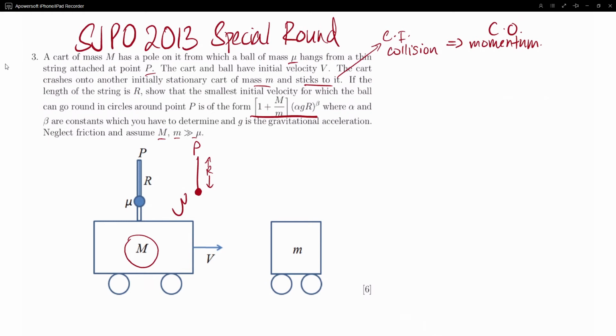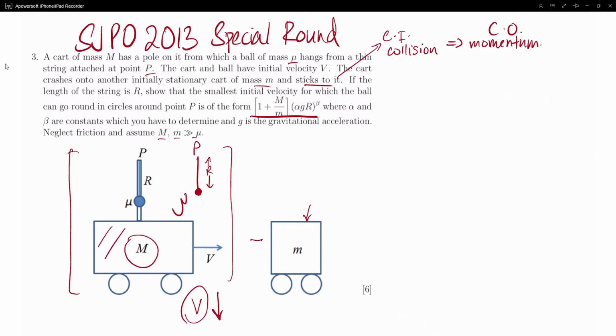Let's try to model what happens when this system collides first. This whole thing, moving at v, this whole system here, is going to collide with this. And because it collides with this and this is stationary, the whole system velocity will decrease.